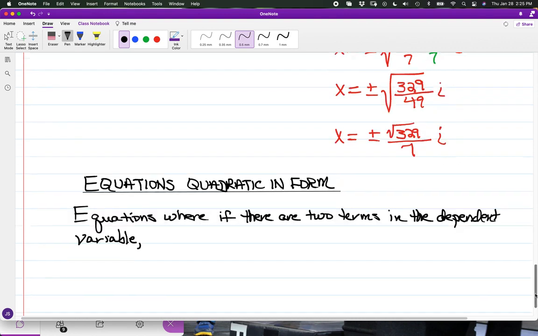but you might have other categories, like differences of squares, where you would not have two terms in the variable.